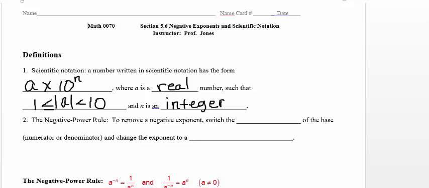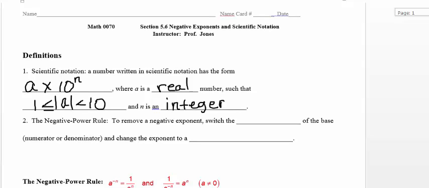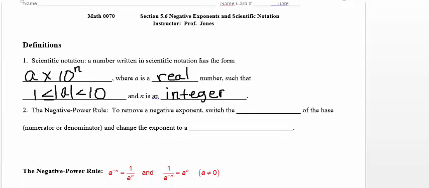One of the things that we need to be reminded of is the negative power rule. To remove a negative exponent, switch the position or location of the base, and by that we mean if the base is in the numerator, move it to the denominator.